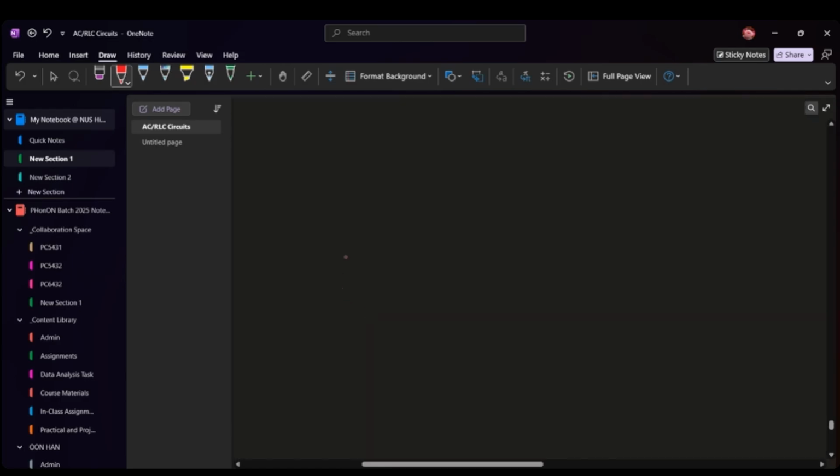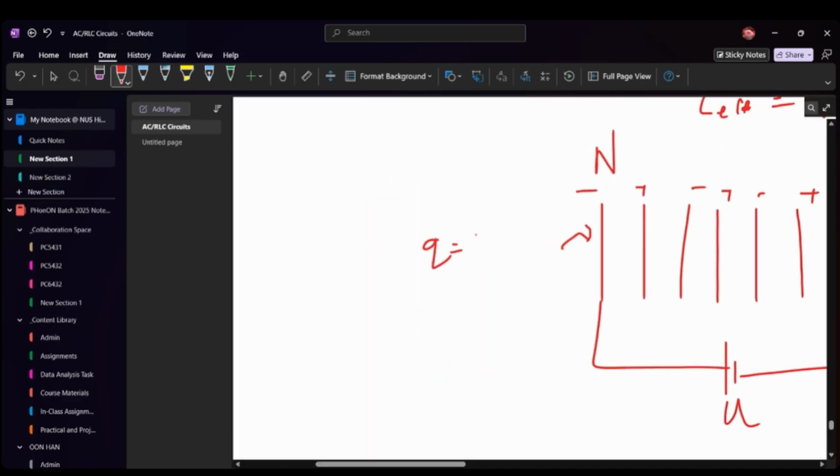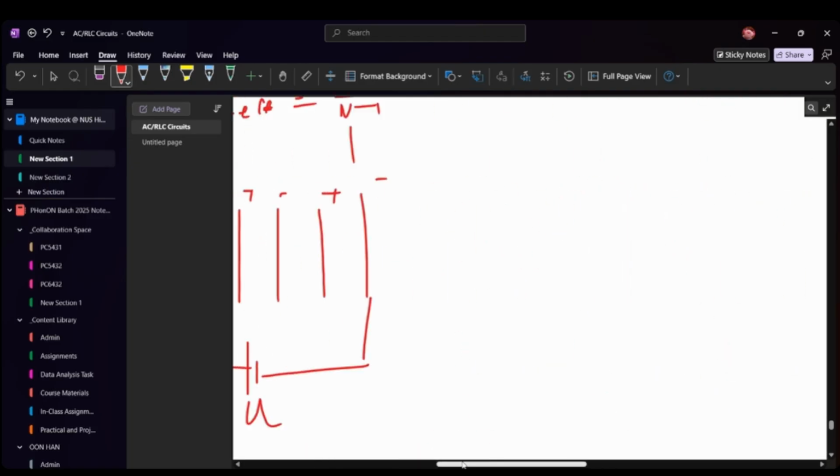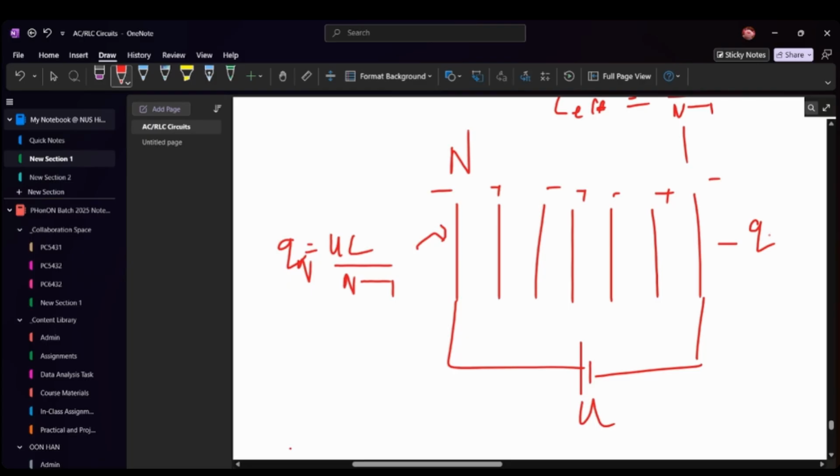That means the charge that accumulates on this is going to be Q, which is UC over n-1. So that's your charge on the nth one. Similarly, the charge on the other one is going to be minus Qn, which is minus UC over n-1. That's after the first step.